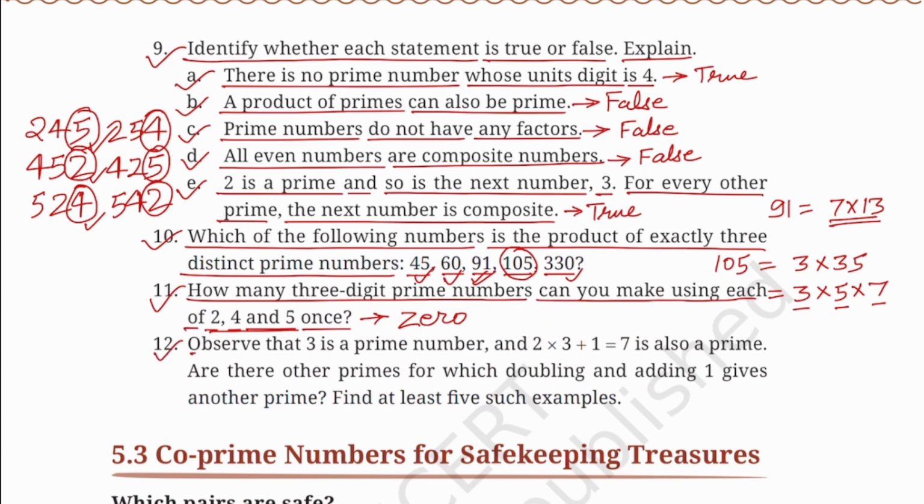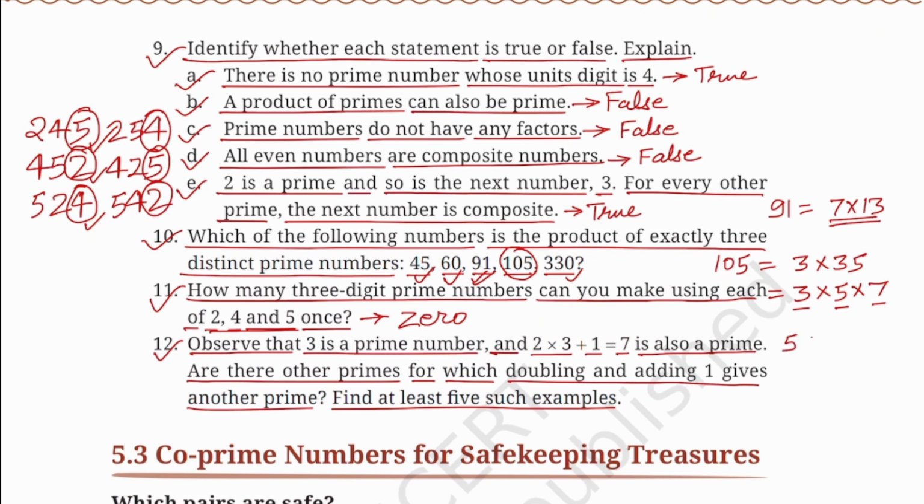12. Observe that 3 is a prime number and 2 into 3 plus 1 is equal to 7, which is also a prime. Are there other primes for which doubling and adding 1 gives another prime? Find at least 5 such examples.